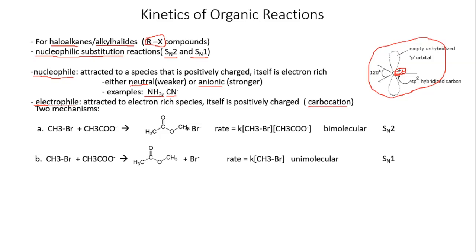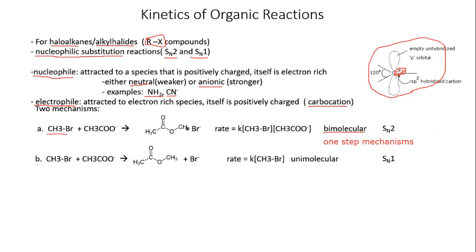And so there are 2 types of mechanisms for these nucleophilic substitution reactions. The first mechanism is a bimolecular one-step mechanism, and this is referred to as SN2. And we'll discuss in a little bit how we know, based on the alkyl halide, whether it's going to be an SN2 or SN1 reaction.